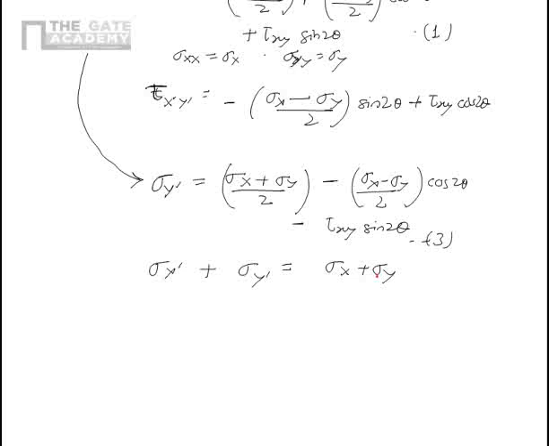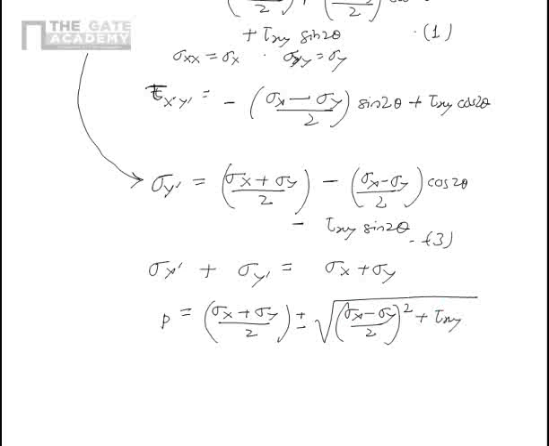Such planes in which there is no shear stress are known as principal planes, and the associated normal stress values are called principal stresses. The principal stress values are given by sigma x plus sigma y by 2 plus minus square root of sigma x minus sigma y by 2 square plus tau xy square. These are the two principal stress values.